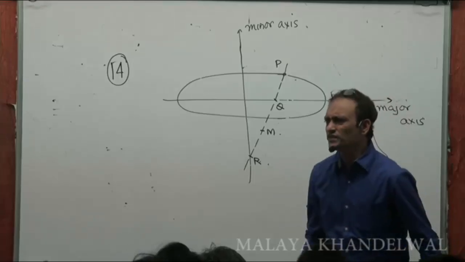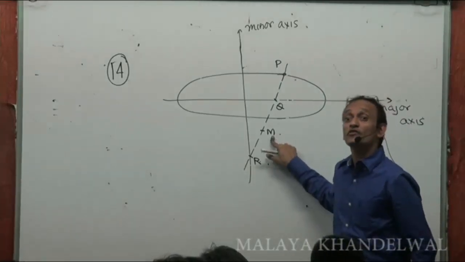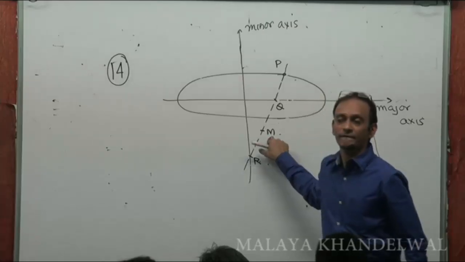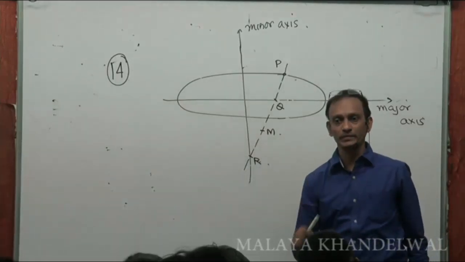What was the eccentricity of the mother ellipse? Root 5 by 3. So the locus of M will be an ellipse with eccentricity root 5 by 3. This is a property to be remembered.